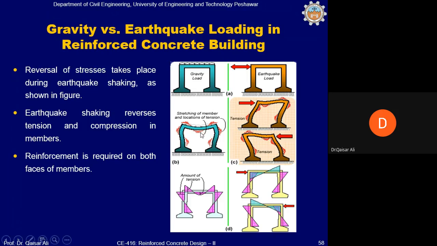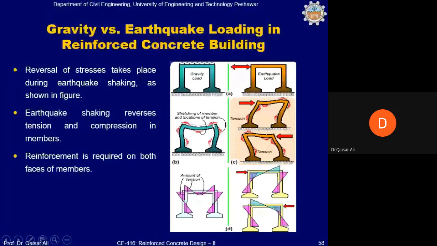For example, you can see the cursor on the right end of the beam. In the gravity load, you have a negative bending moment at the top side of the beam on this end. So this bending moment will be added to this bending moment which is coming from the earthquake. These two will be added together. So the net result will be that this frame must be designed for additional tensile stresses.